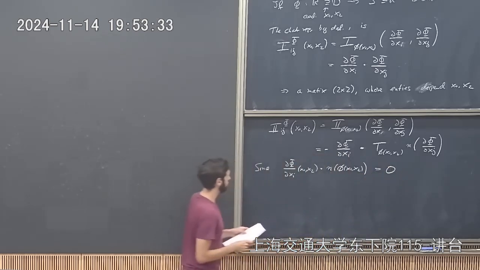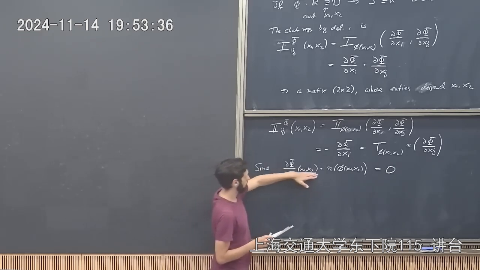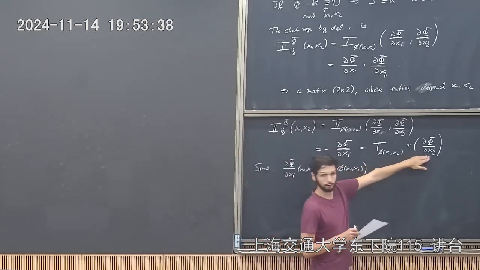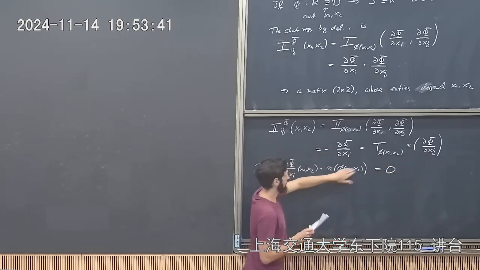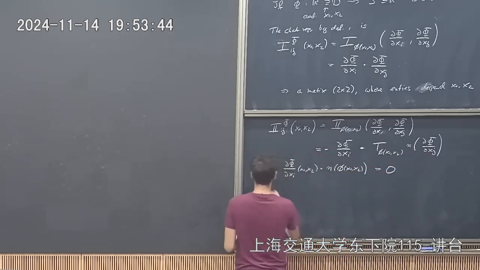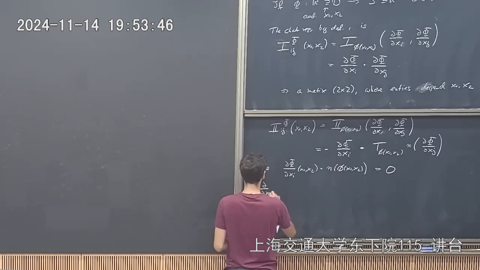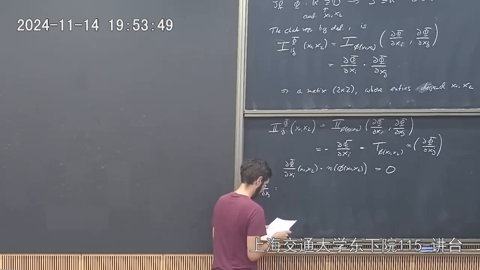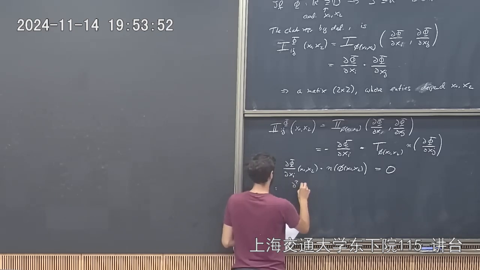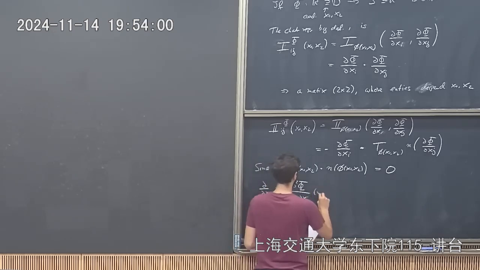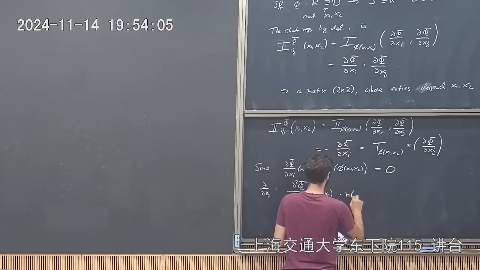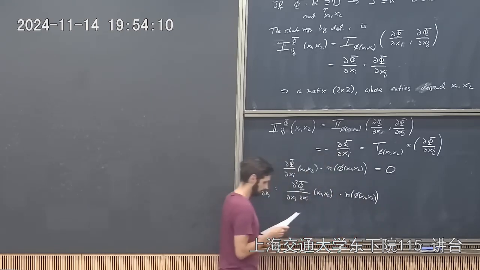Now we take the derivative in the direction we want, the xj direction, so that we get this term in the xj direction. If you take the partial derivative in the xj direction, what you end up with is the second derivative of phi in xj and xi direction, at x1, x2, times the product with the normal direction.